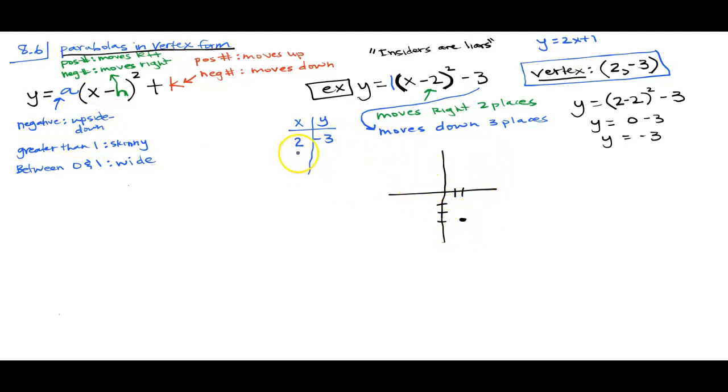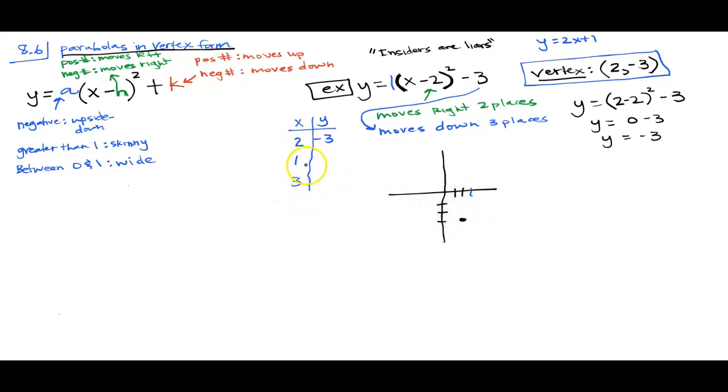But now let's put a couple of different points in there so we can see what the rest of this is going to look like. Maybe let's put in points to the left and to the right of that vertex so we can see what's happening. Let's put in a +1 for x, and a 3 for x, just to see the shape.